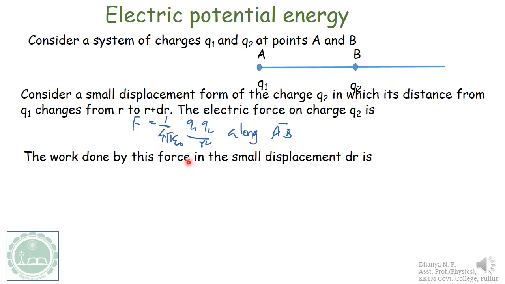Then the work done by this force in the small displacement dr is dW is equal to force into displacement, Q1 Q2 by 4 pi epsilon 0 R square into dr.